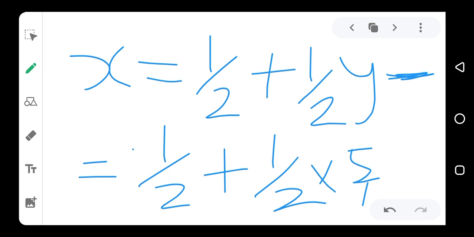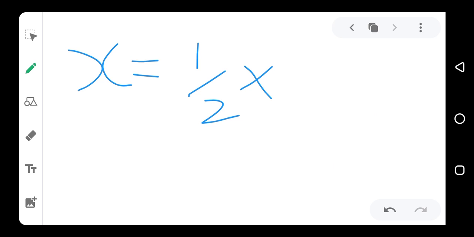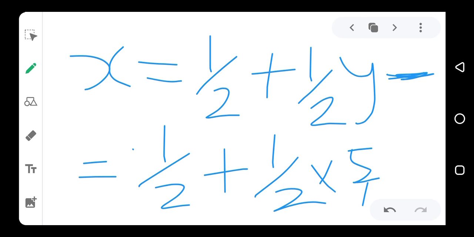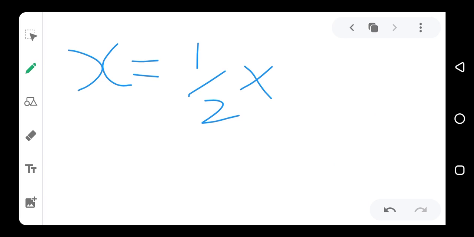So it becomes 5 times 1 over 2 times 1, which is 5 over 2. So this is not times, this is plus: x is equal to half plus half plus 5 over 2.